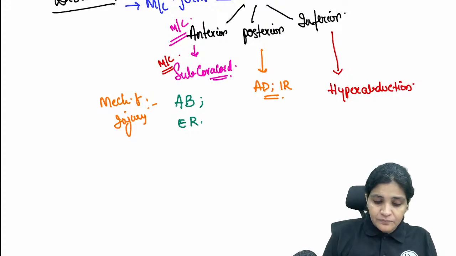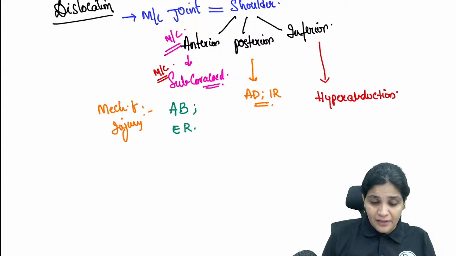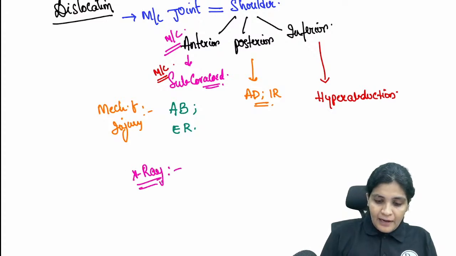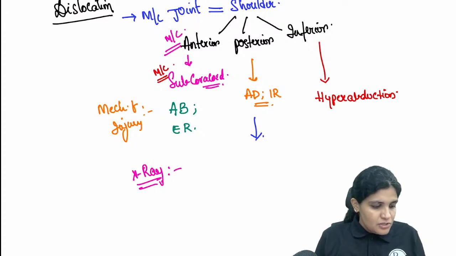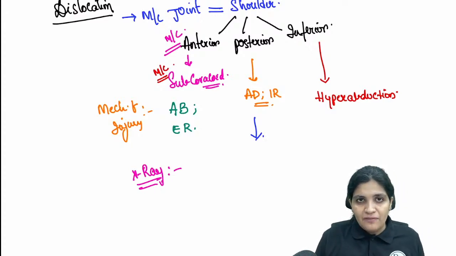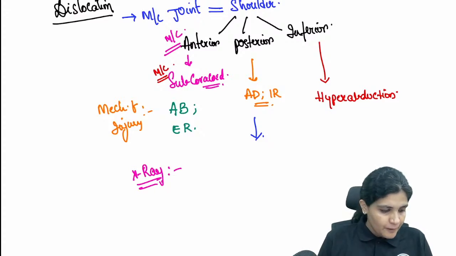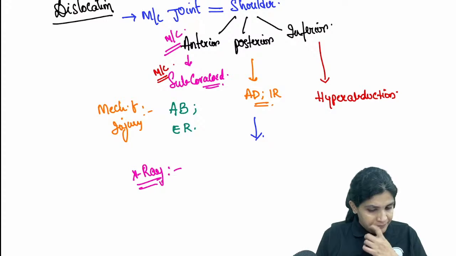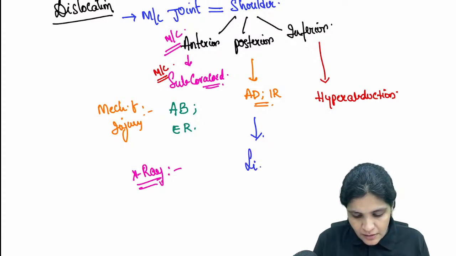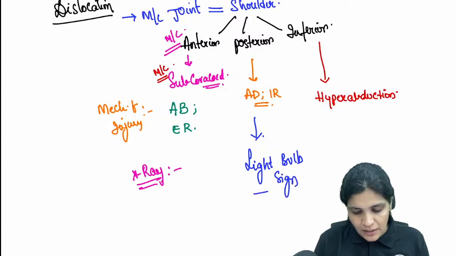And then what you have to remember here is, you will go for x-rays. And what is the sign which we see in the posterior dislocation of the shoulder? In the x-ray, the posterior dislocation is very important. What is the sign called? That is your light bulb sign.